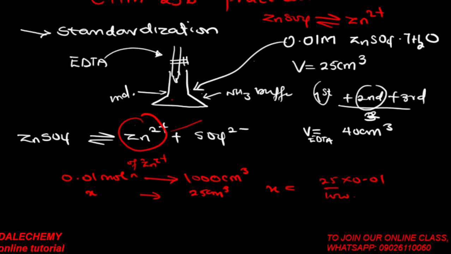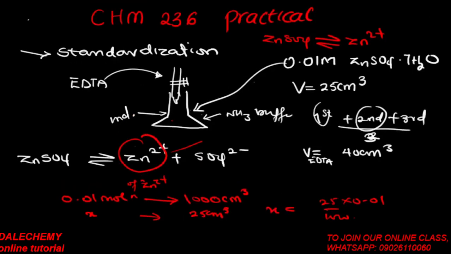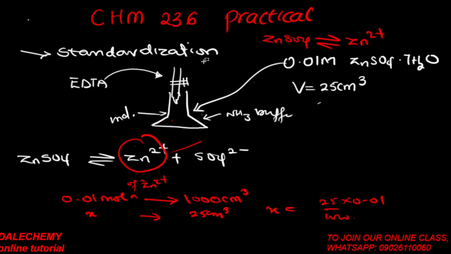Then since metal and EDTA react in 1:1, it means that this number of mole of zinc 2 plus that reacts will be equal to the number of mole of EDTA as well. So from here we can say that the number of mole of EDTA will now be equal to this, which is 25 over 1000 times 0.01.